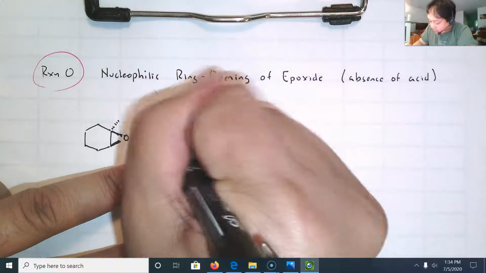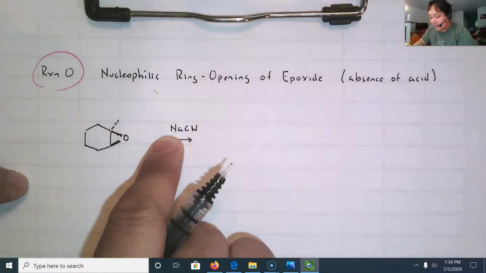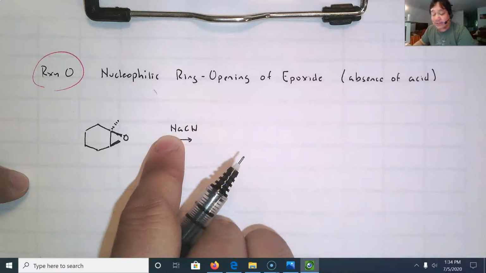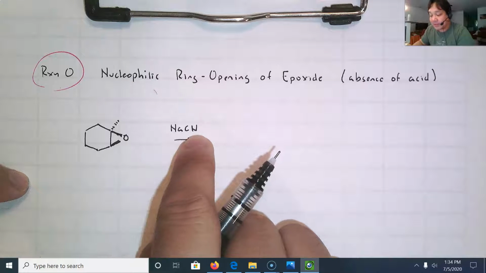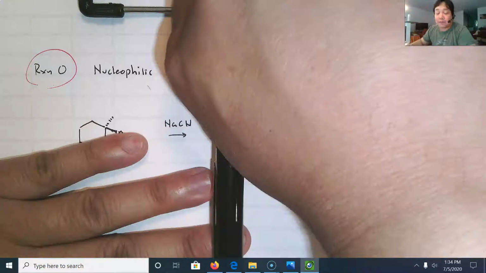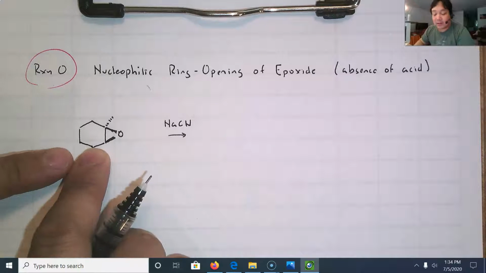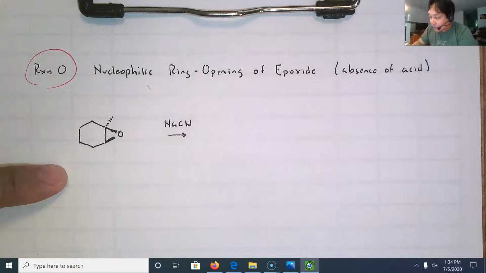And again, you're going to have to visualize that we get an Na+, which is the counter ion, to CN-, which is the actual nucleophile. The nucleophiles you learned about in Organic Chemistry 1 have to be familiar because we're going to use those set of nucleophiles on epoxides. We do need some water.